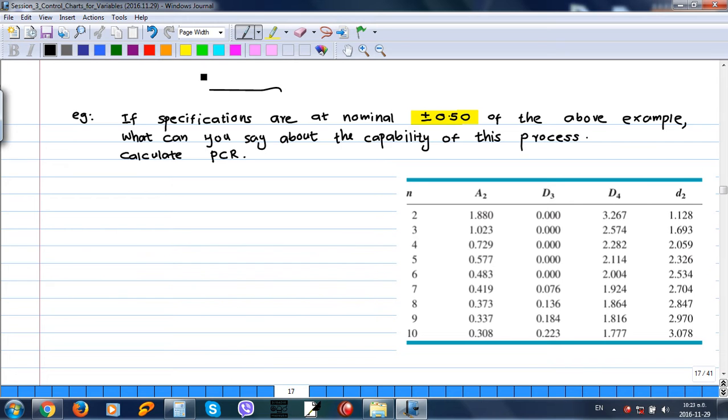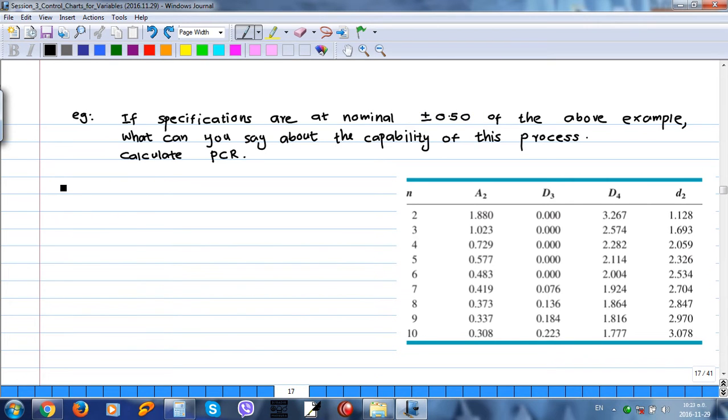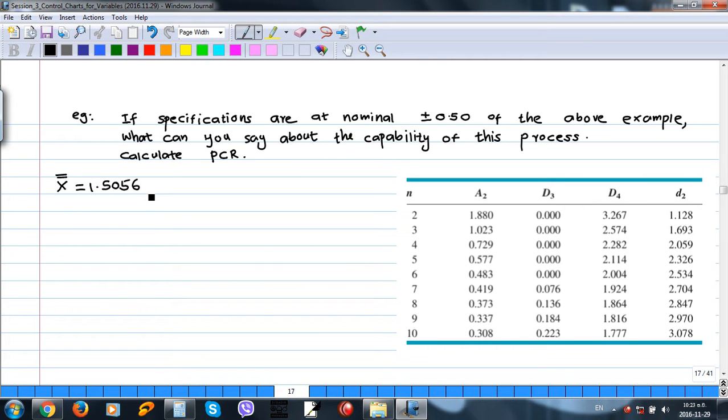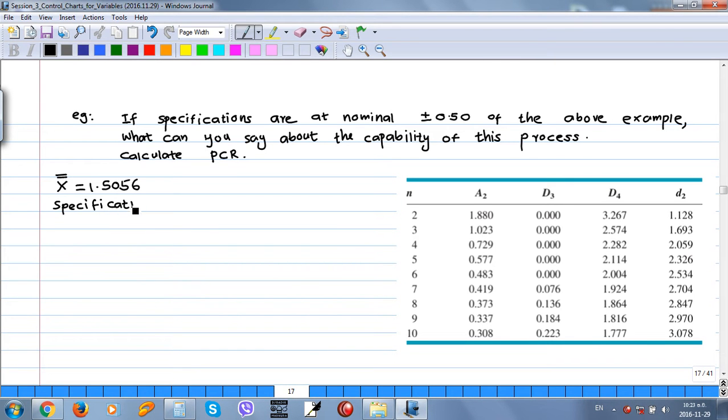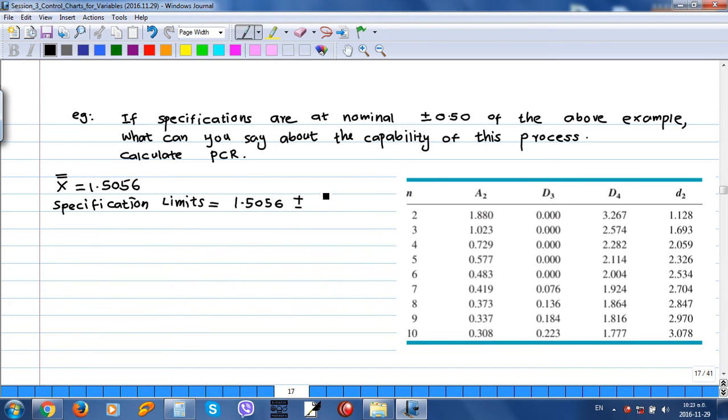So the specification limits we can write as x double bar, 1.5056, plus or minus the given value, 0.50.